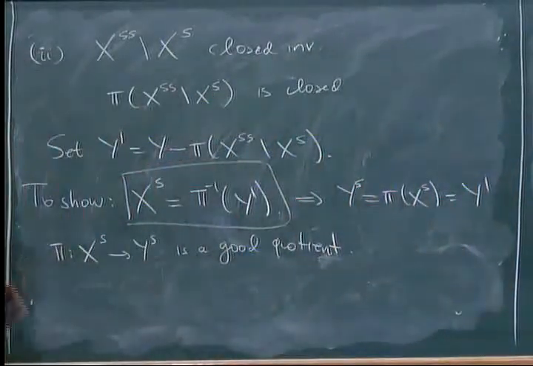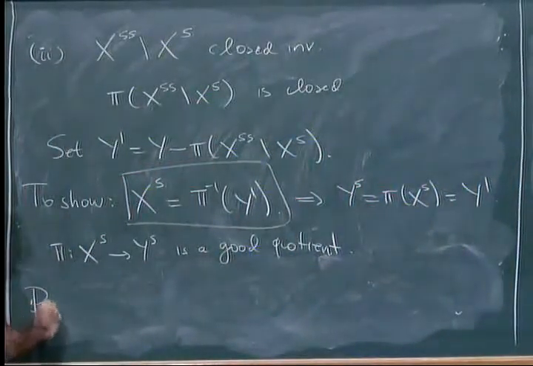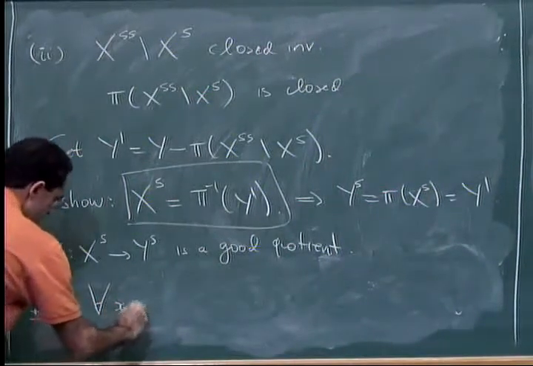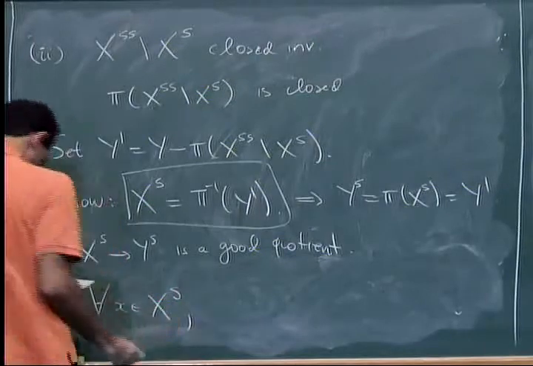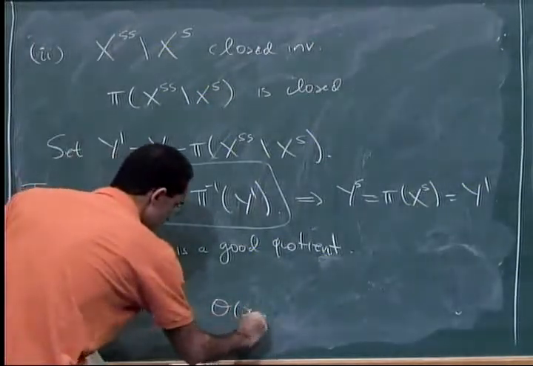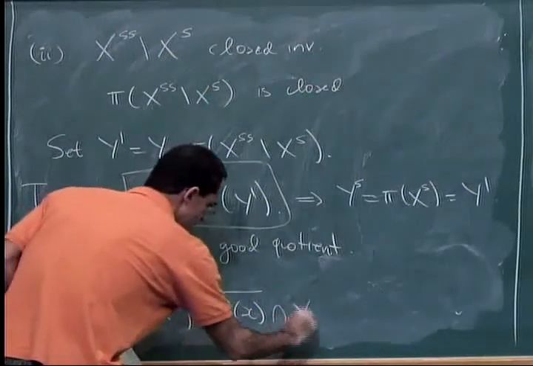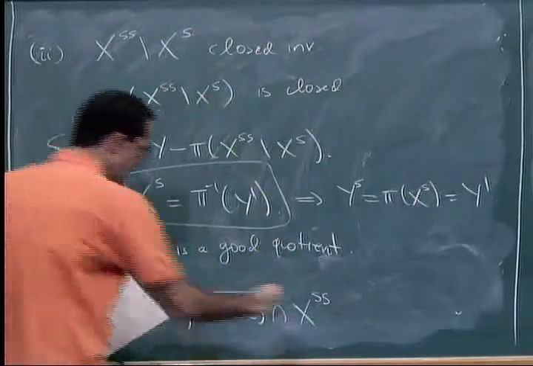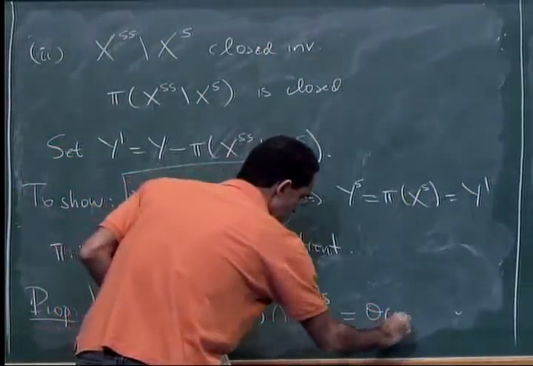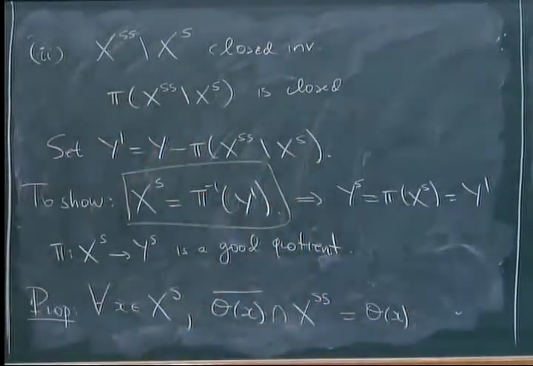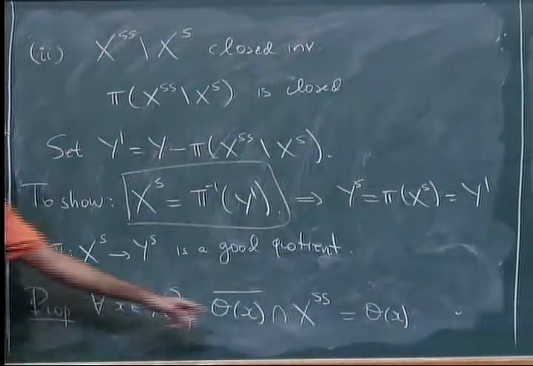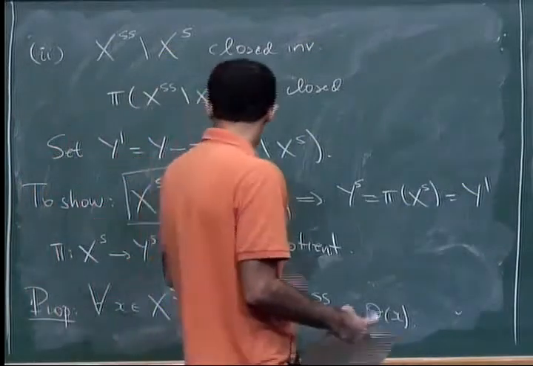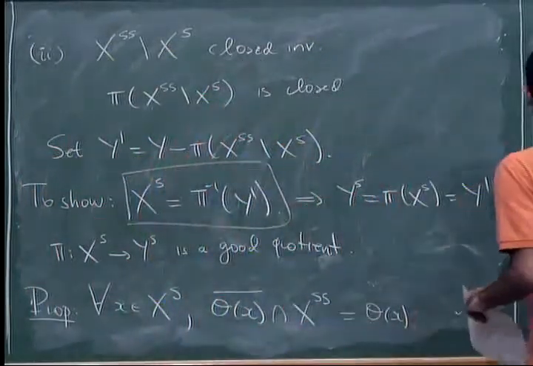Okay? And the proposition that we're going to use, to be proved next time, is that for every x in the stable locus, the orbits inside of XS, so the closure inside XS, are OX. So the orbits are closed inside XS. Once you have this, then you have that it's a geometric quotient.